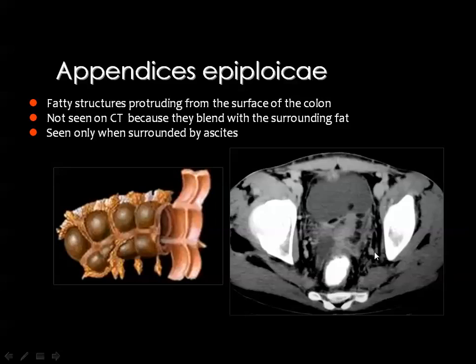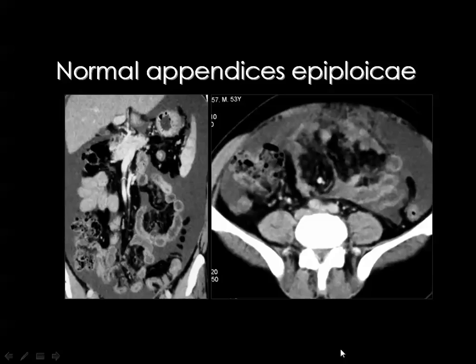Then inside this fluid you can see multiple projections that are filled with fat, and these are the appendices epiploicae. And here is an example of multiple appendices epiploicae containing fat, and this is a big one. It is seen clearly by virtue of the surrounding fluid in the peritoneal cavity.